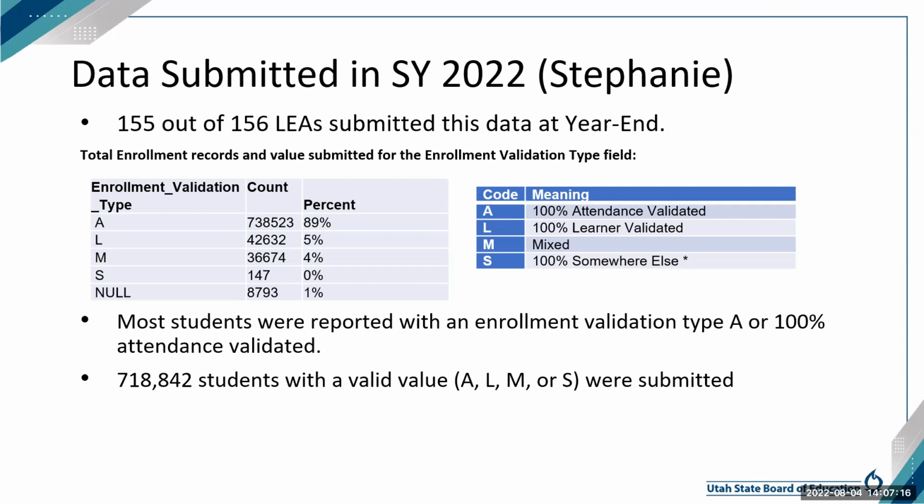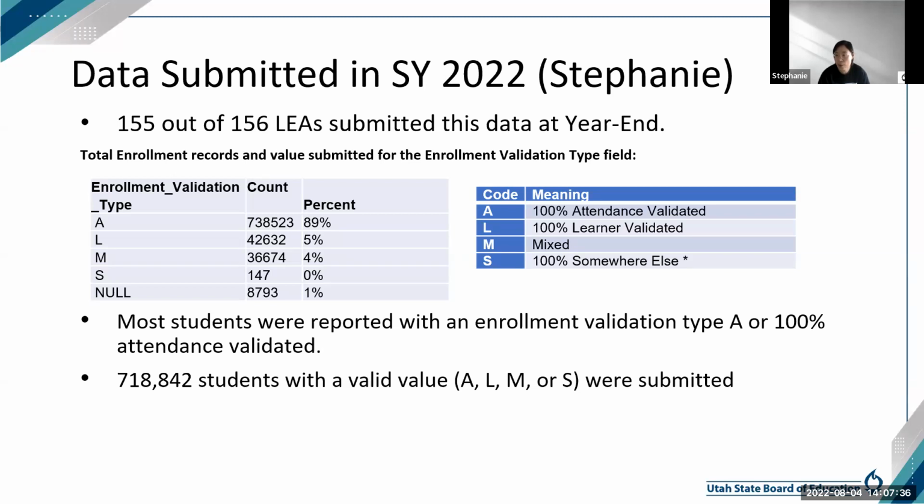So here is an overview for the enrollment validation type field that all LEAs submitted in the school year 2022. Basically, 155 out of 156 LEAs submitted this data at year end.